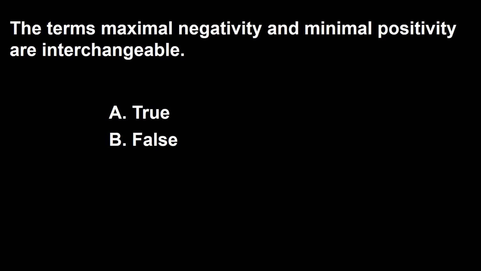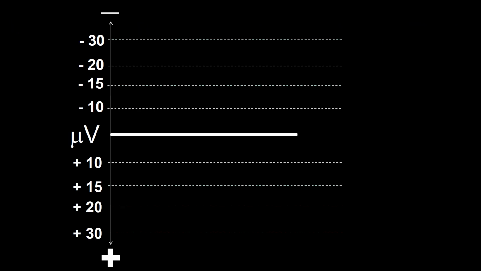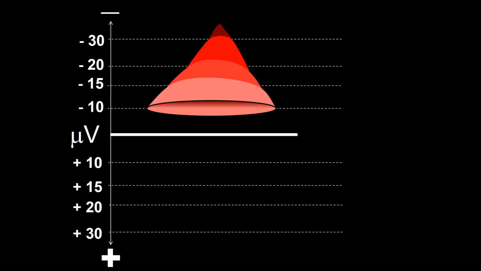Next question. The terms maximal negativity and minimal positivity are interchangeable. A true, B false. In this frame, I am introducing a voltage line. Notice that the negative values increase as they go up, whereas the positive values increase as they go down. In this frame, I am representing a three-dimensional negative field.